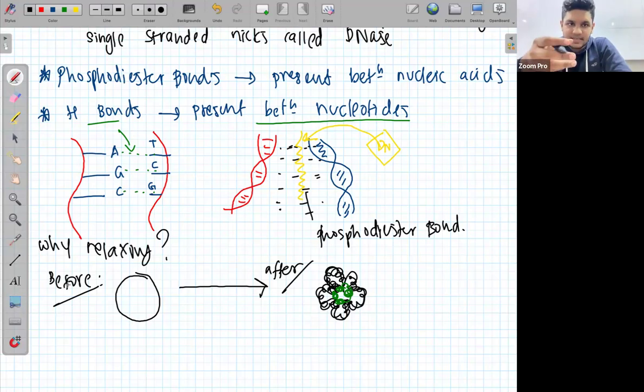So the cell itself will start to use the DNases that are present to relax it. Is it clear? It will use those components to relax it because it is of no more use, since the initial information has been lost due to this process. What we had initially should not be lost, right?